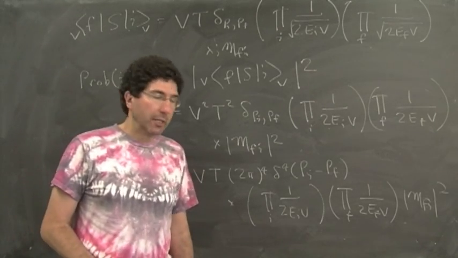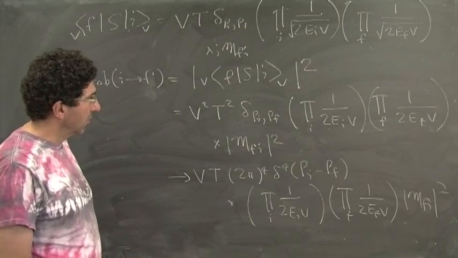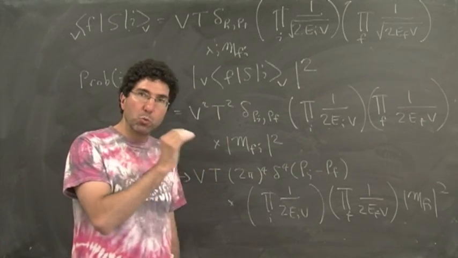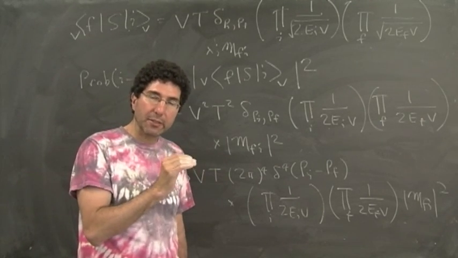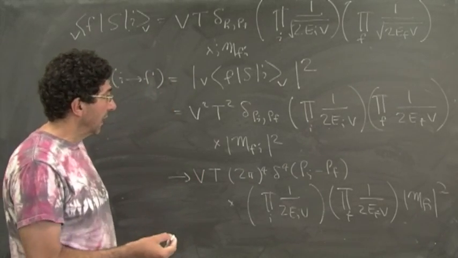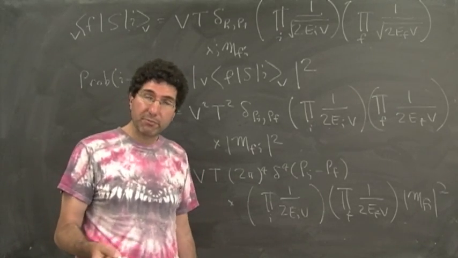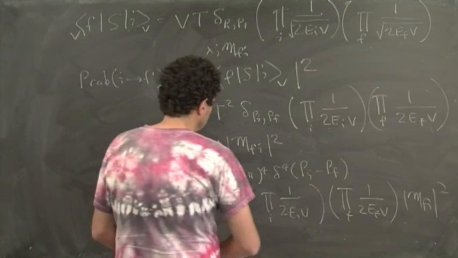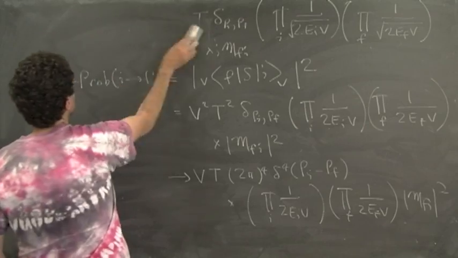Okay? Now, in the continuum, this right here is the probability to go to one particular discrete state. But in the continuum, I know that doesn't make sense. In the continuum, I have to integrate over a range of final states, right? Because in the continuum, any experiment has a finite resolution, okay?